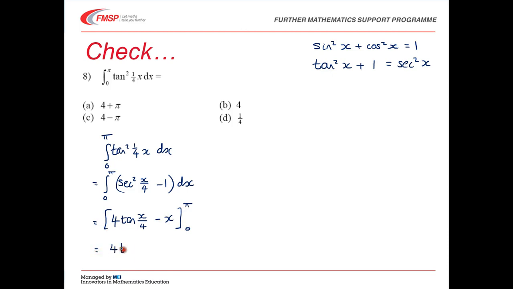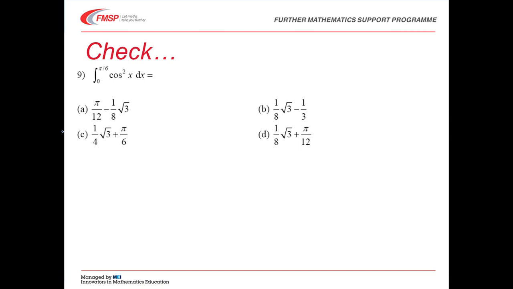So that's 4 tan pi over 4 minus pi. Take away tan of 0 is 0, and if x is 0, that's 0. So that comes out, tan of pi over 4 is 1, multiply that by 4 and I get 4. Take away pi, which was answer C.